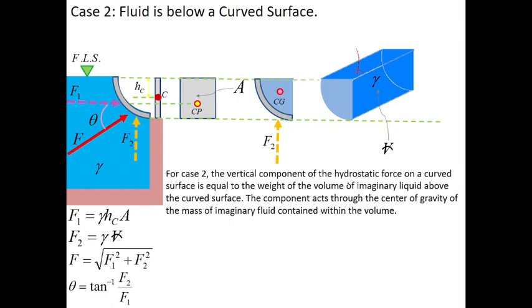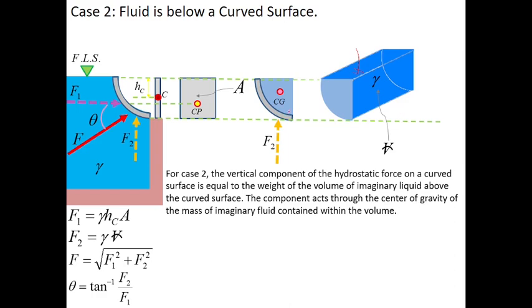So, we have imaginary liquid. And the weight of that imaginary liquid is equal to the force F2, which is the vertical component of the hydrostatic force. So the component acts through the center of gravity of the mass of the imaginary fluid contained within the volume.